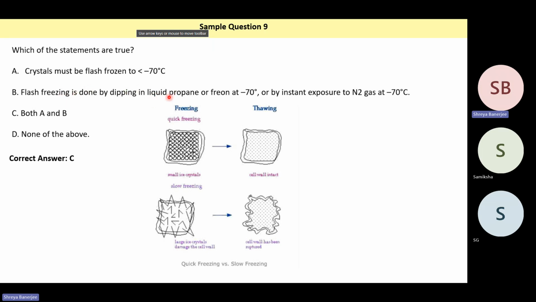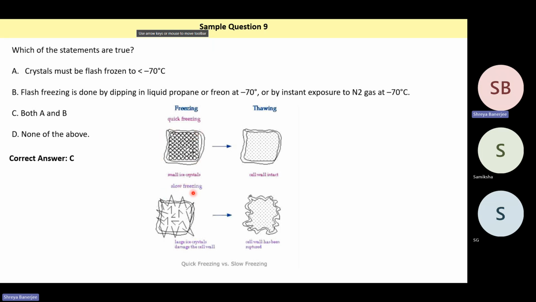And this is done by dipping it in liquid propane or freon or nitrogen. If there is flash freezing, then whatever orientation the water molecules are in, they will freeze in that orientation. So the structure of the crystal is maintained.